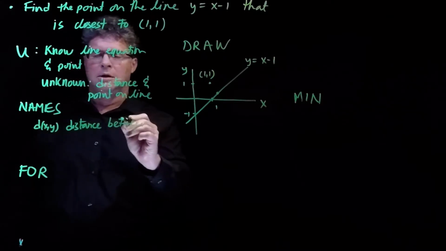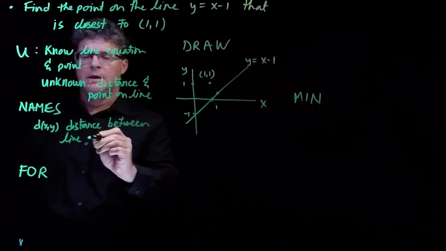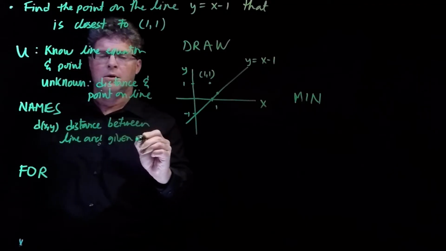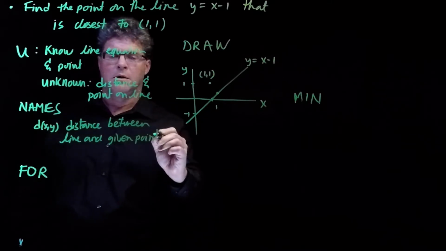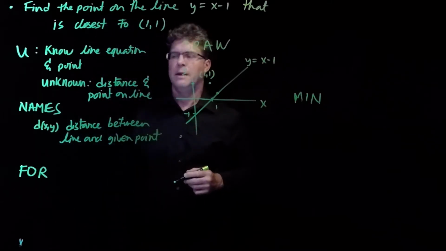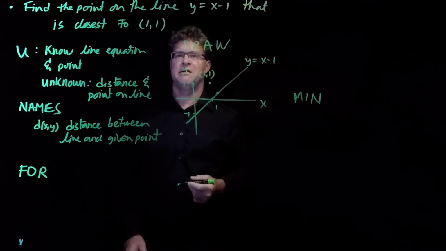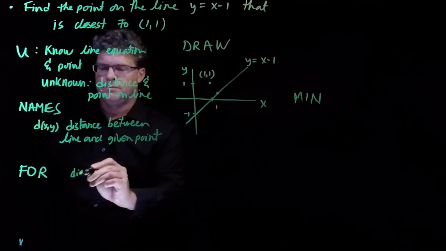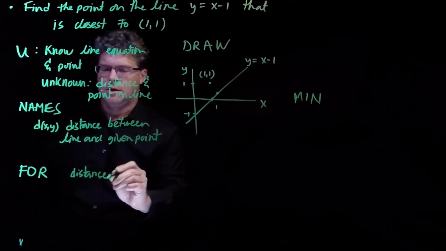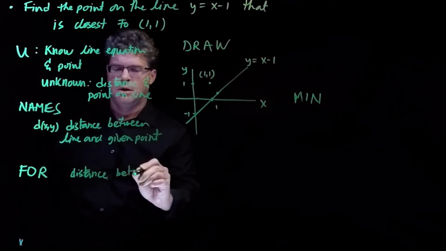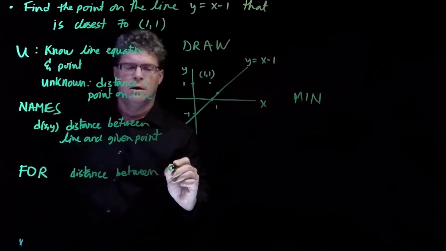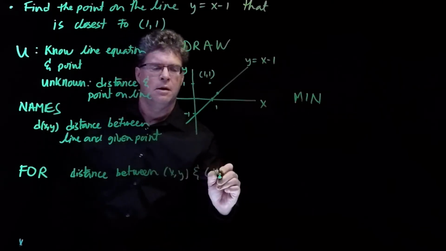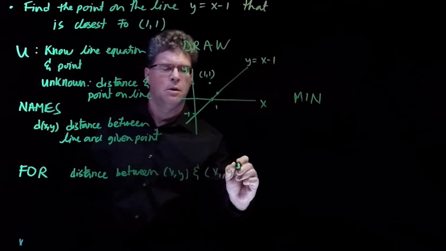So what's the formula for distance? Suppose we want to know the distance between (x, y) and, say, (x1, y1).